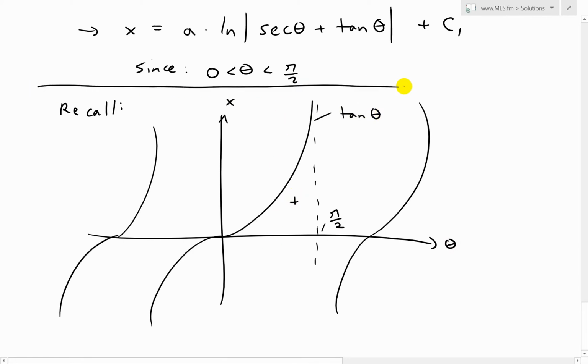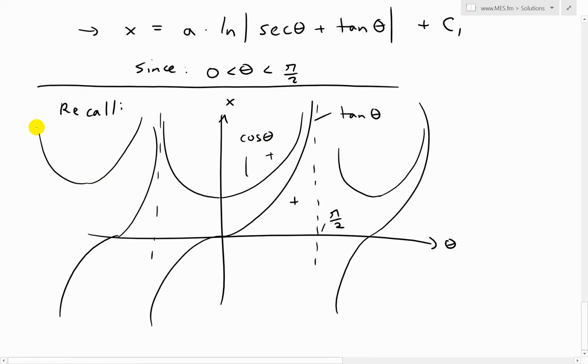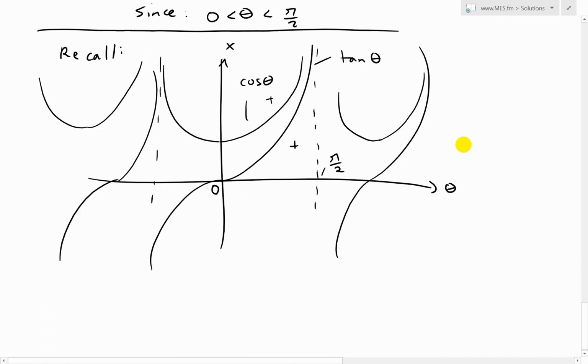Also for cosine, it's going to look something like that. It starts off at 1, then goes downwards, and it keeps repeating itself like this as well. This is for cosine theta, and you can see my earlier videos on tan, cosine, and sine, where I graphed those. As you see here, between 0 and pi over 2 this is all positive, so we can just remove that absolute value sign.